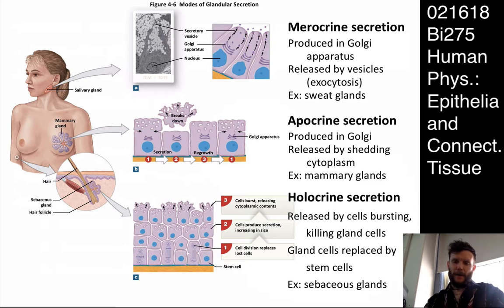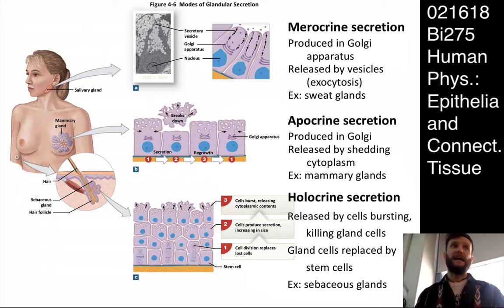So for merocrine glands, the way a secretion works in general is there is some sort of gene product that goes to the endoplasmic reticulum to get translated by the ribosomes, and then it moves on to the Golgi apparatus for post-translational modification. Hopefully these words are not new to you.